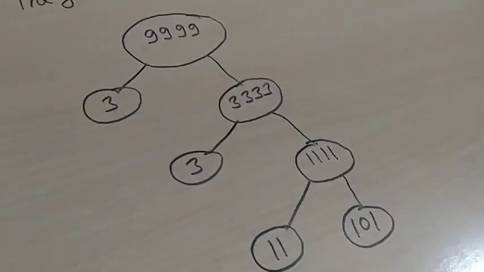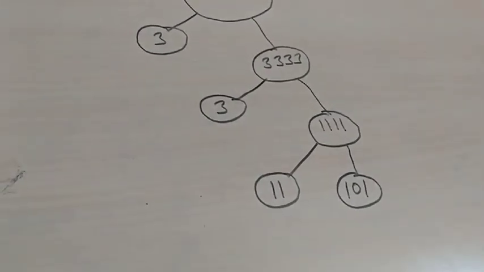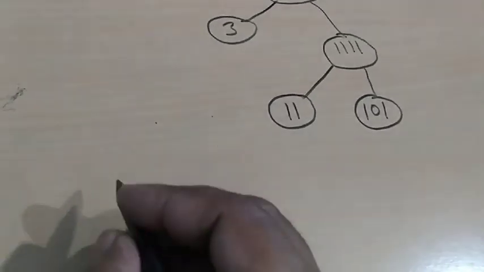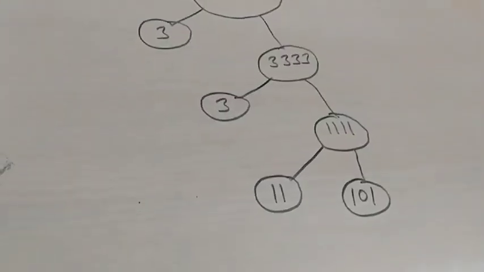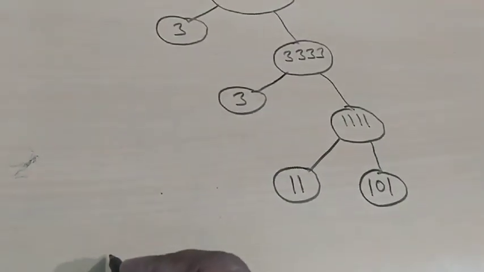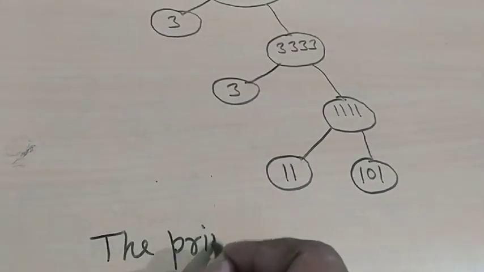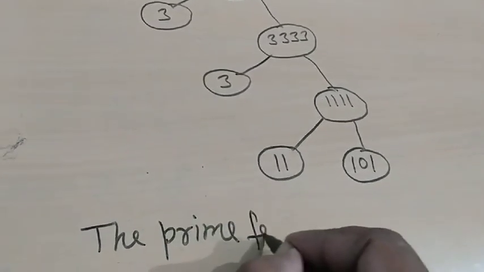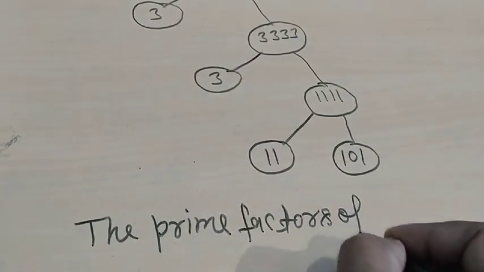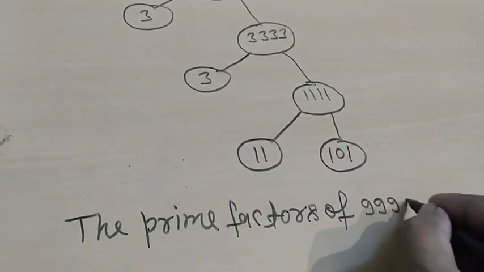Okay, so we write here the prime factors of the greatest 4-digit number, that means 9999.